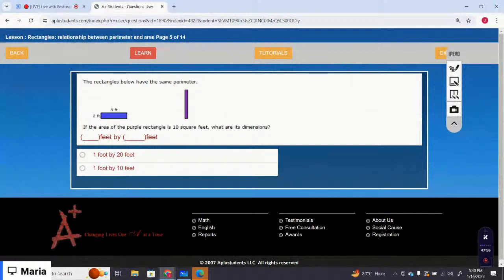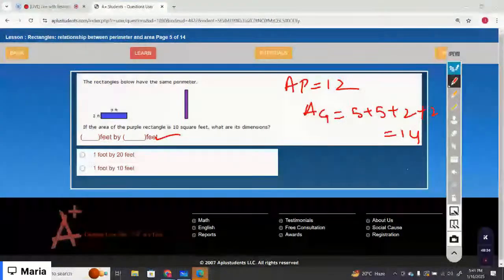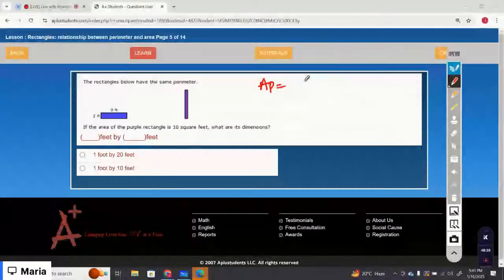The rectangles below have the same perimeter. If the area of the purple square is 10 square feet, what are its dimensions? Area of the purple one is 10.